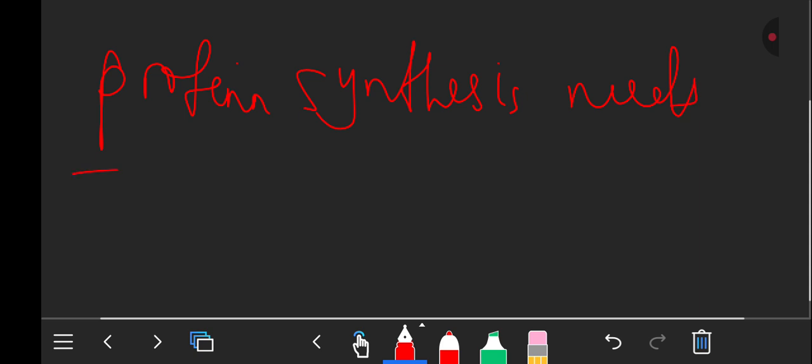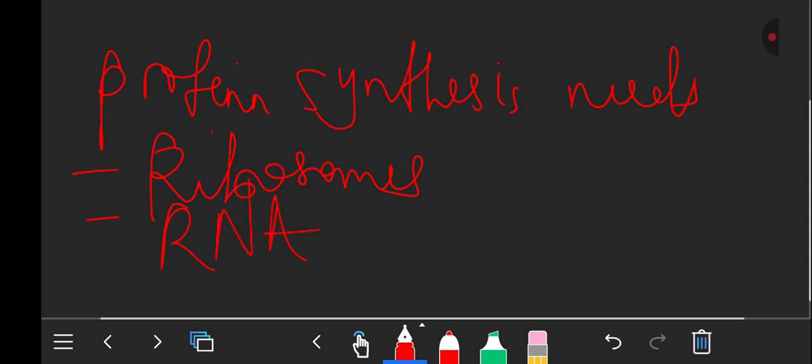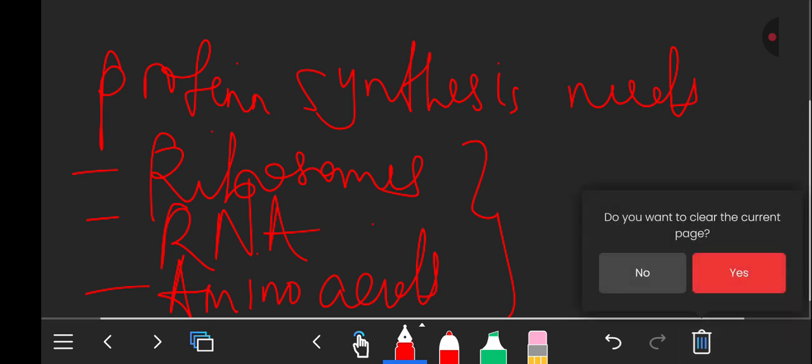Number one, it needs the ribosomes. The second thing it needs is RNA. Then it also needs amino acid. So these are the three important things which are needed for protein synthesis: ribosomes, RNA, and amino acid.